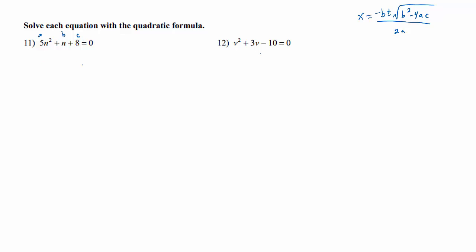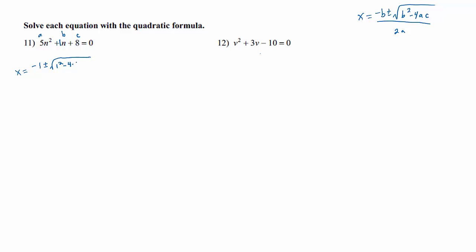So, since we know a, b, and c, b is 1, since there is an x, there's one of them, so b is 1. We're going to fill this in. X equals negative b, so negative 1, plus or minus the square root of b squared, so 1 squared, minus 4 times a times c over 2a.